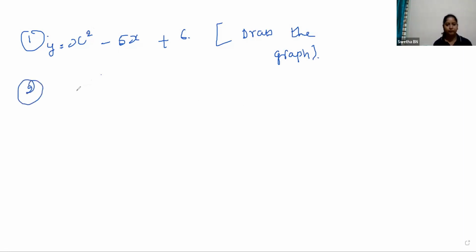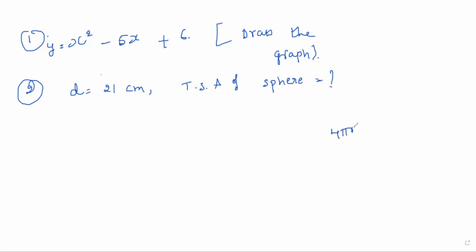And second one: d is equal to 21 centimeter, diameter is given, and find the total surface area of the sphere. Total surface area, you know that 4 pi r square. They have given diameter, so now find radius first and then substitute here.